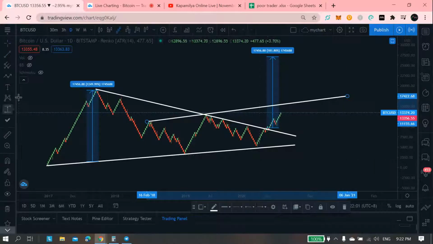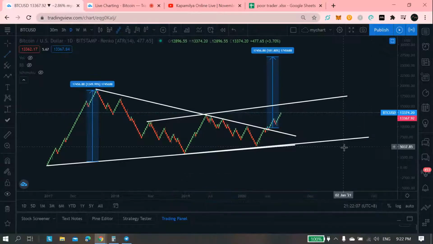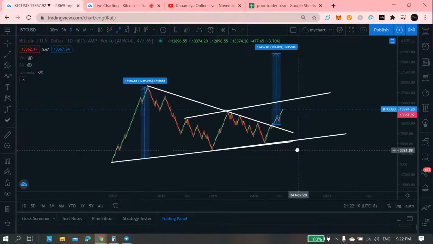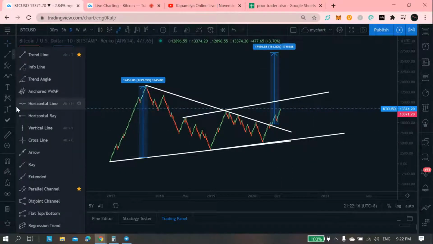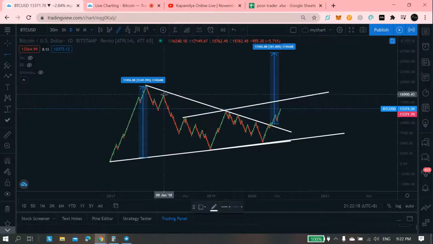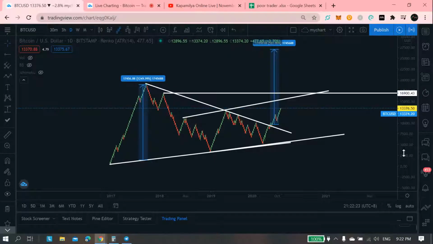And for this one, actually I'm currently looking at this as also a possible scenario to trade within this range, and possibly retest, of course, this area around the 17,000 area.